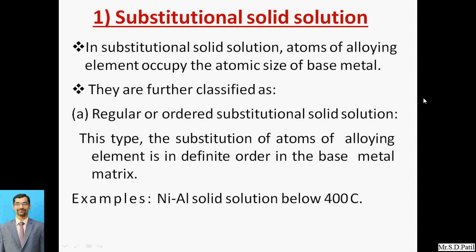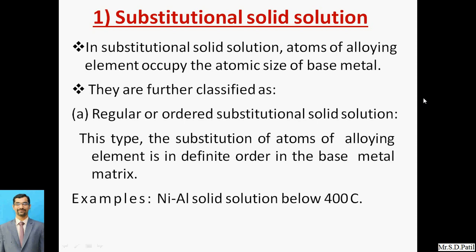Whatever may be the atoms of alloying element, whatever content we are adding, that occupies the same atomic sites of the base metal, and these are again further classified. Already we have seen that is the regular or ordered substitutional solid solution. In this particular type, the substitution of atoms of alloying element is in a definite order in the base metal matrix.